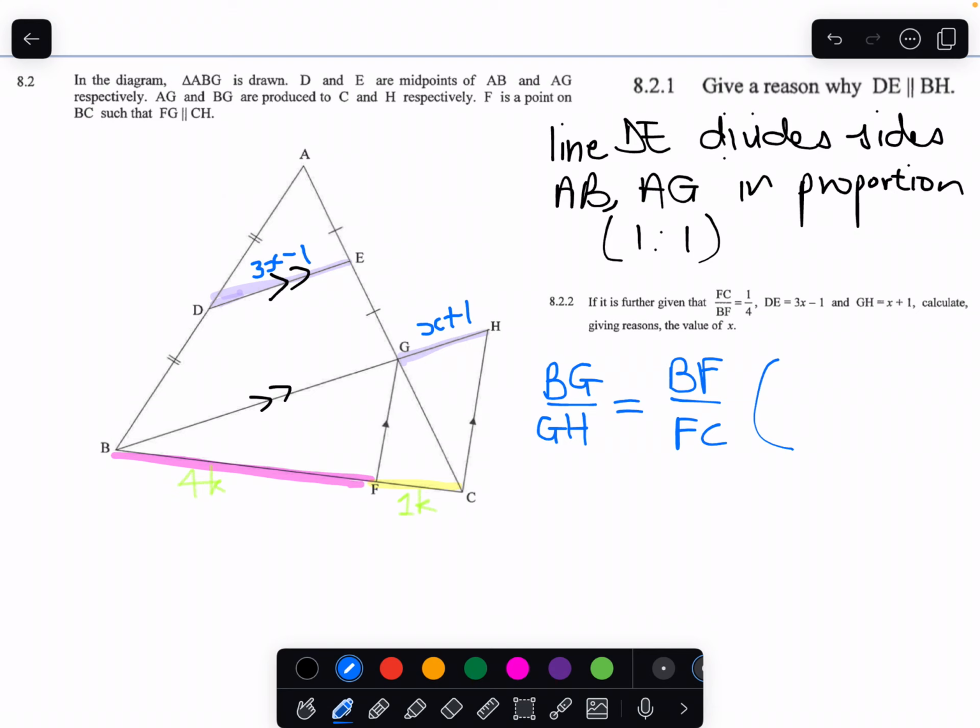Okay, so the line, in this case FG, is parallel to one side of the triangle BHC, right? So that means that the ratio of BF to FC, and so of BG to GH, will be 4 to 1, right?